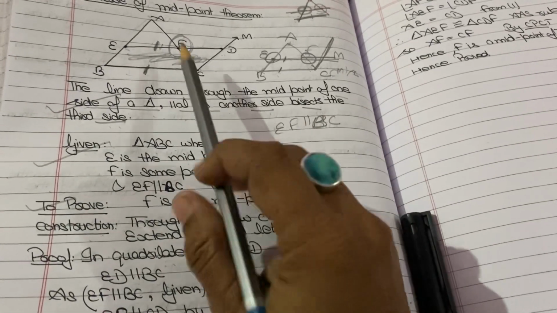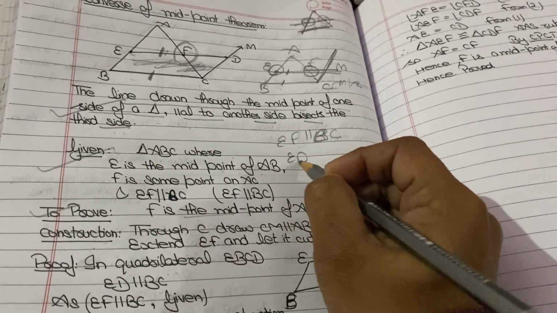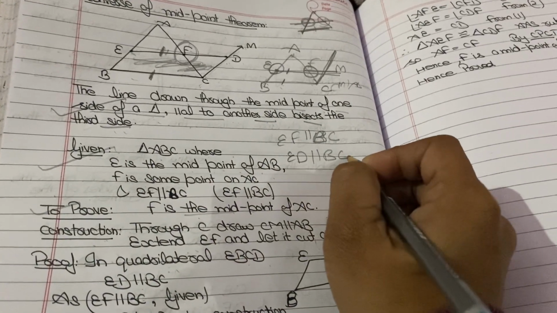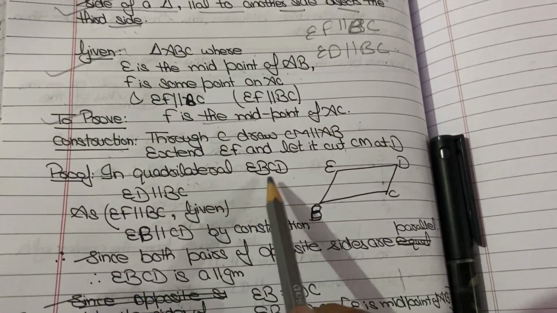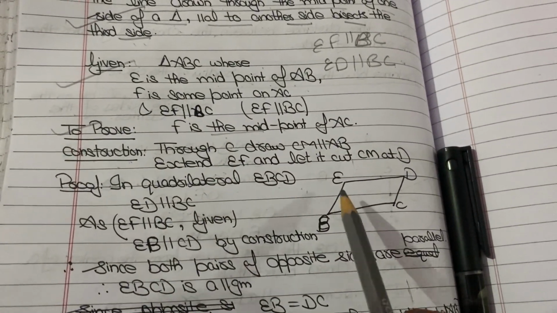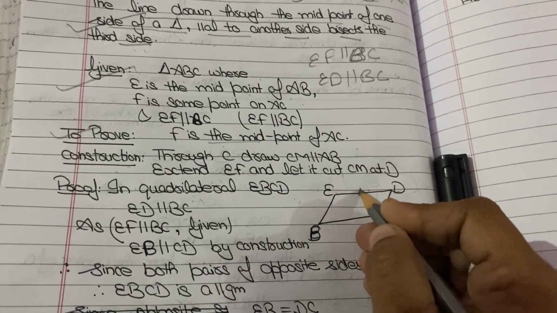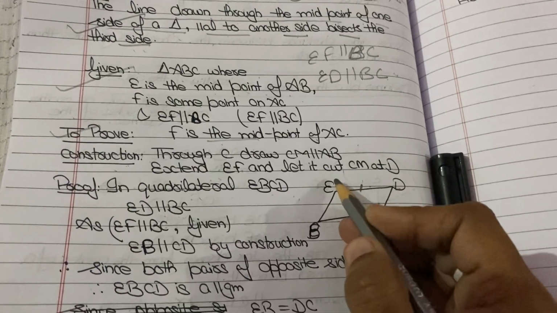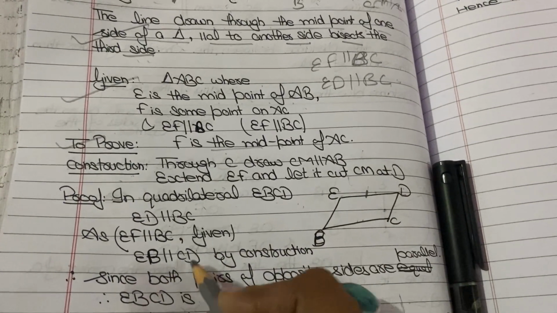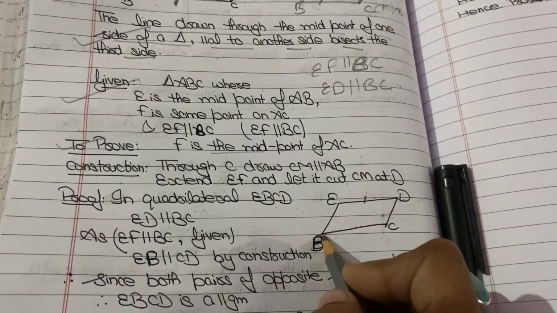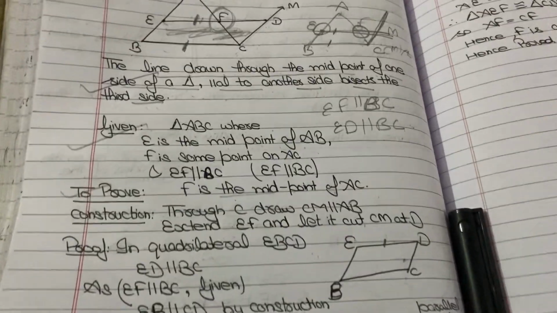If EF is parallel to BC, then surely ED is also parallel to BC. So in quadrilateral EBCD, ED is parallel to BC because EF is parallel to BC, as given.